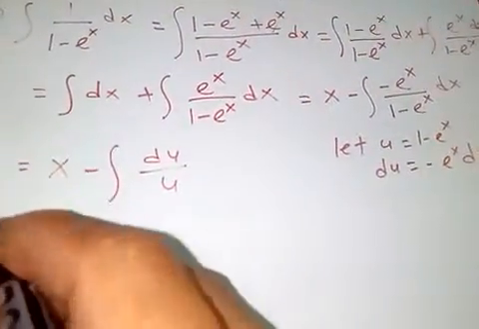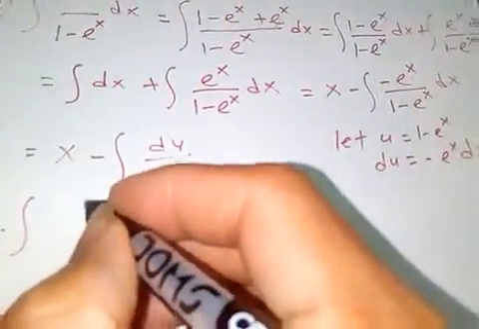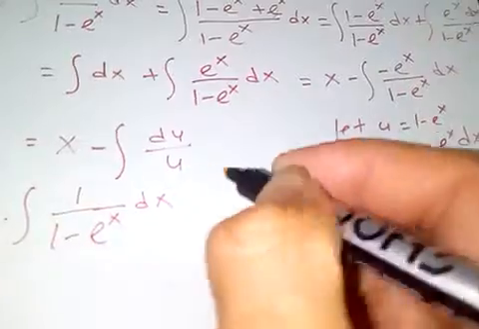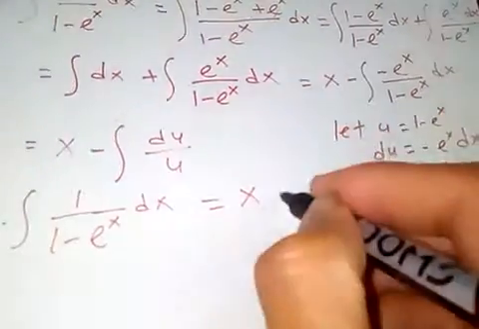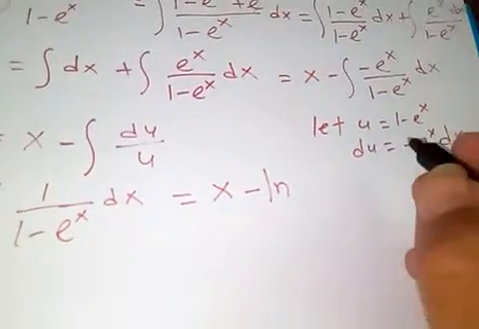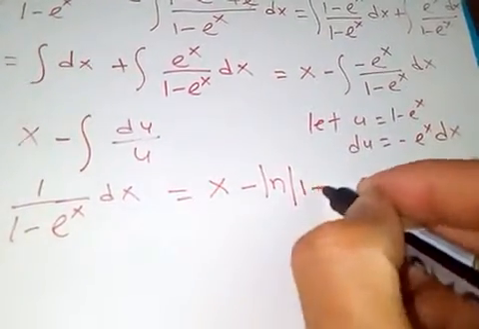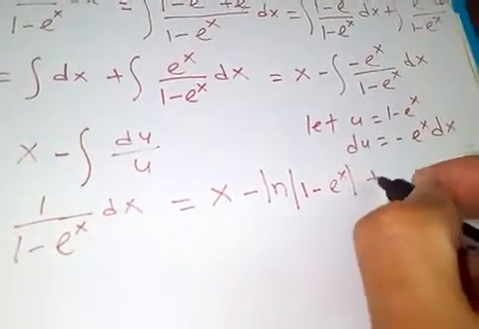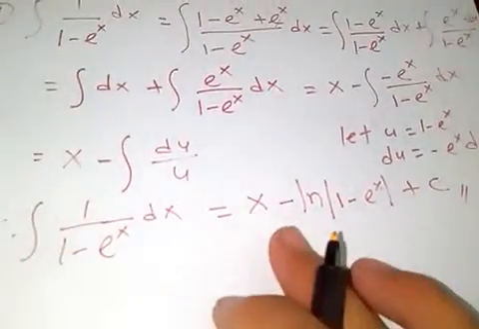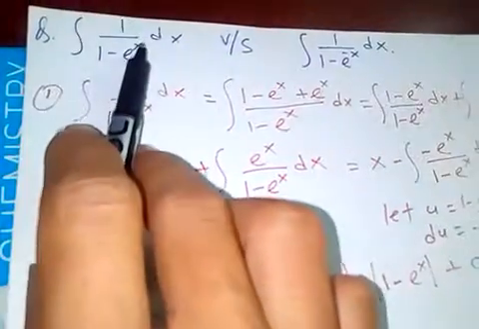Lastly, we get the integral of 1 over 1 minus e to the x dx to be x minus log of u, which is x minus log of 1 minus e to the x, plus the constant of integration. This is our answer for the first one.